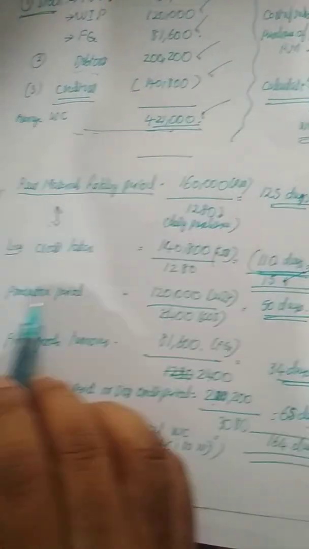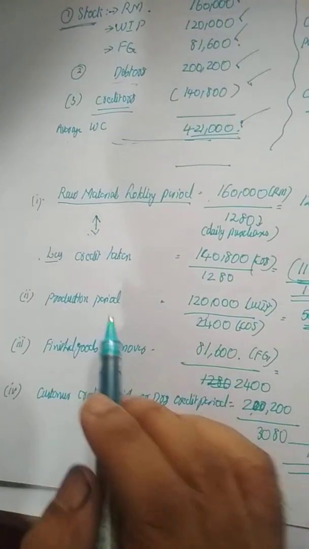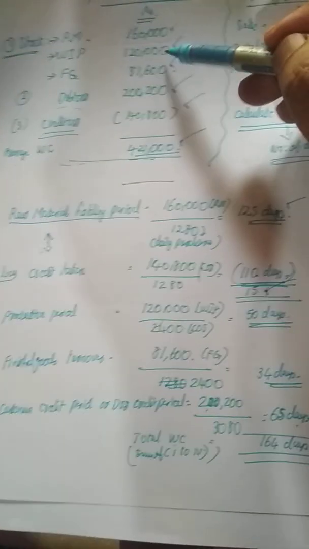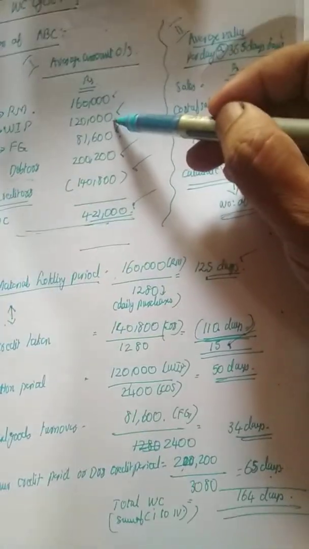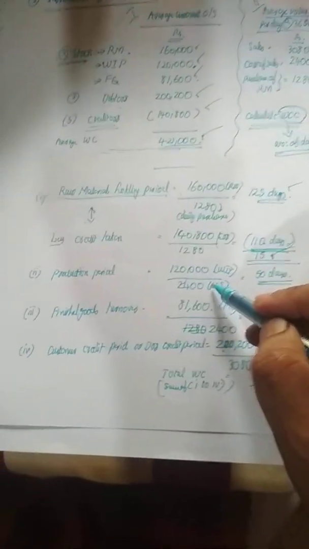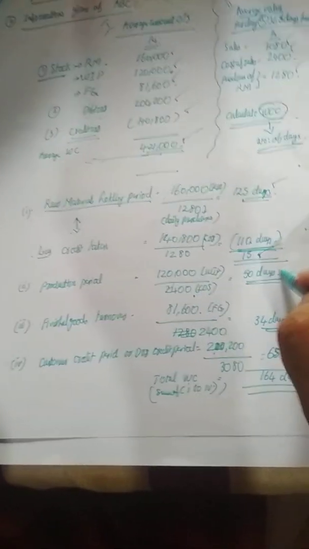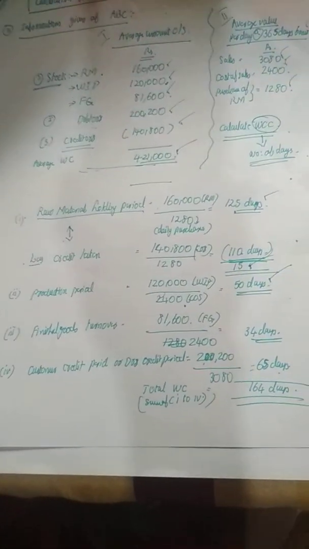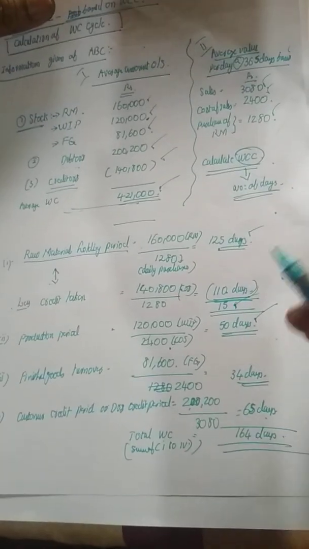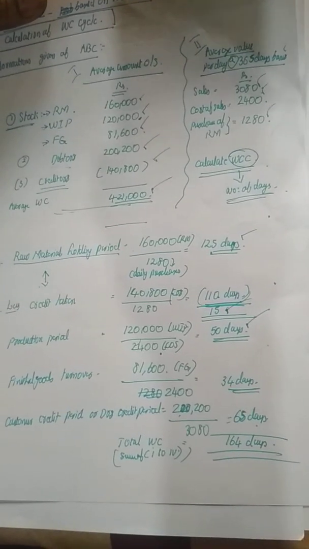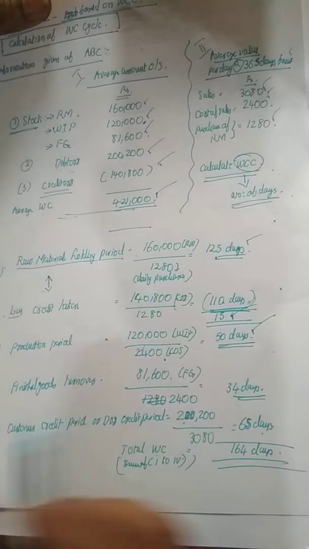Then the production period. How will we calculate the production period? 1,20,000 is the work in progress, and the cost of sales is 2,400. So 1,20,000 divided by 2,400, we will get 50 days for the production process. Work in progress is always based on the production process or production period.